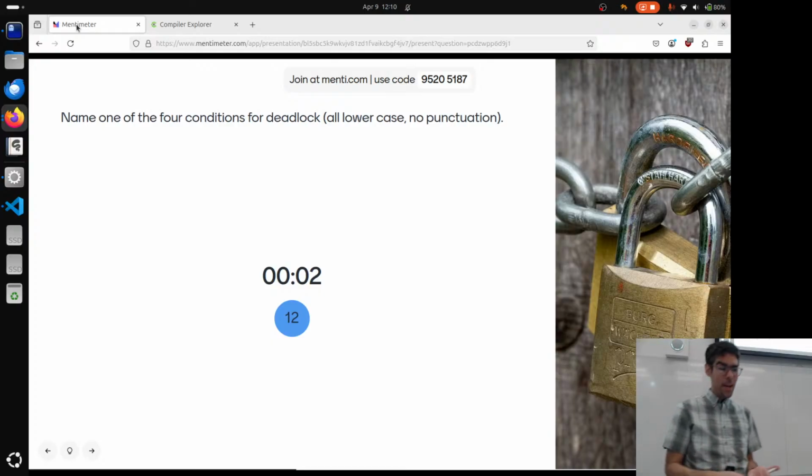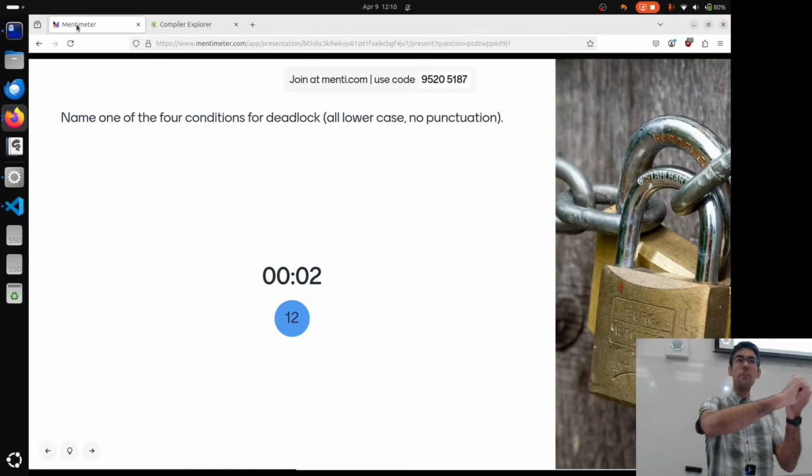All right, okay. When we break any of the 4 conditions of deadlock, we can guarantee that it will not deadlock. So if I can break mutual exclusion, if I implement locks incorrectly, my code will not deadlock. I can guarantee that it will never deadlock.